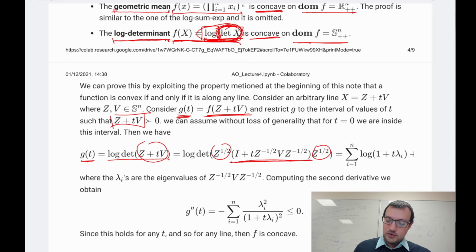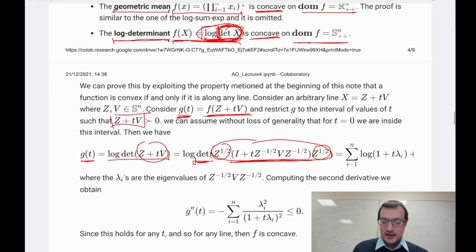And then what we are going to apply is the fact that we are going to compute the determinant of this expression. When you compute the determinant, you can change the order of the matrices multiplying inside, because the determinant behaves very well with respect to multiplication of matrices.